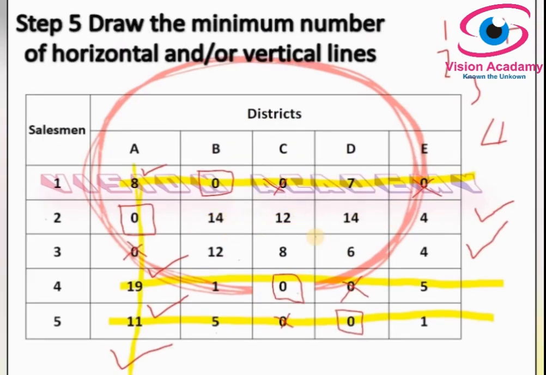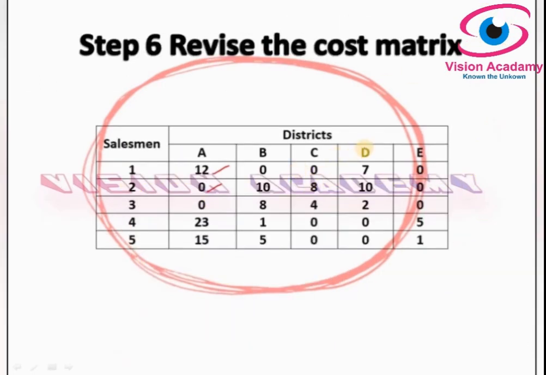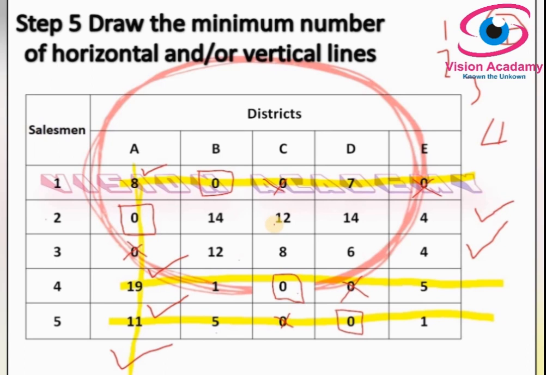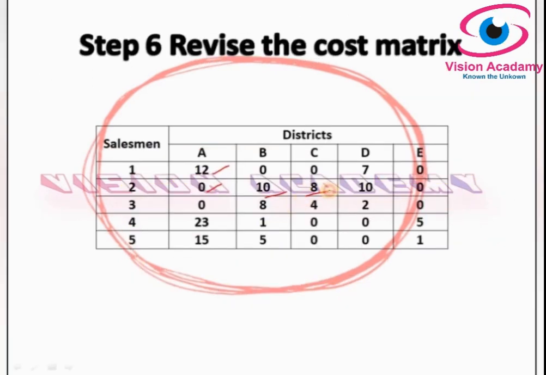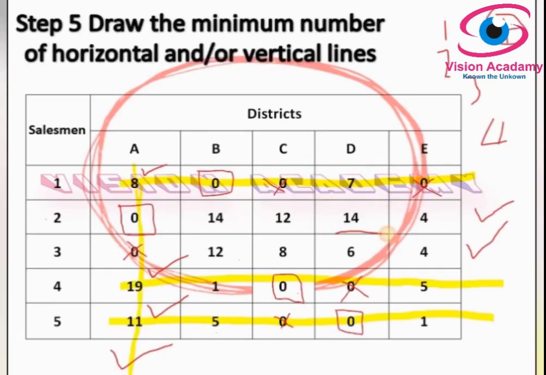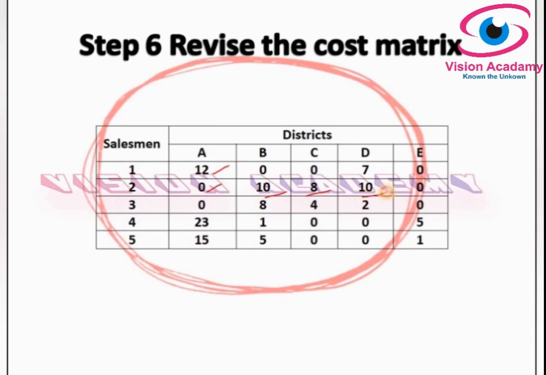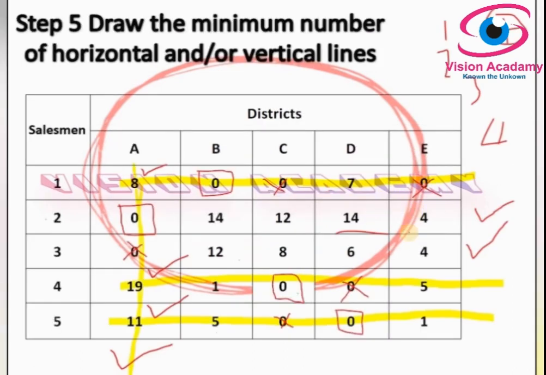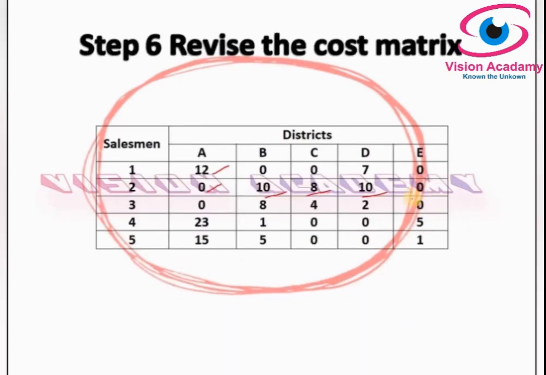These are uncovered area. In the uncovered area we should subtract the smallest element. So 14 minus 4, that's 10. 14 minus 4, 10, and 12 minus 4, 8. Okay, next 14 minus 4, 10. Next 4 minus 4, that is exactly 0.